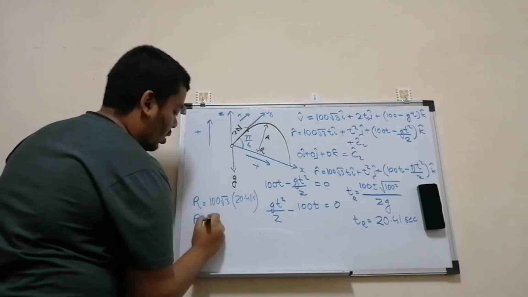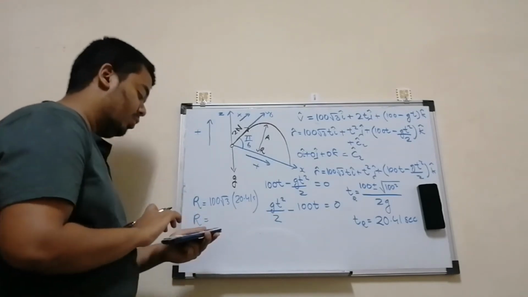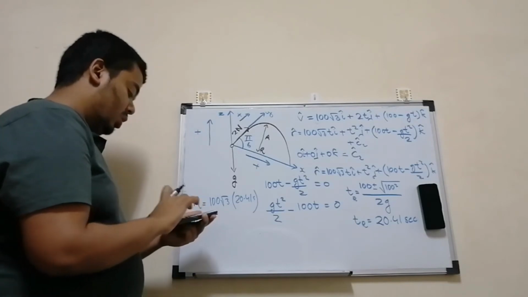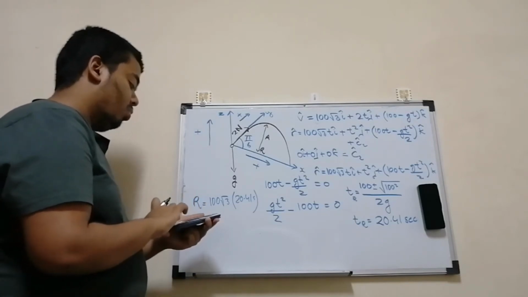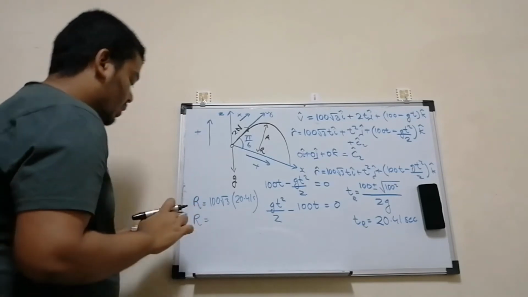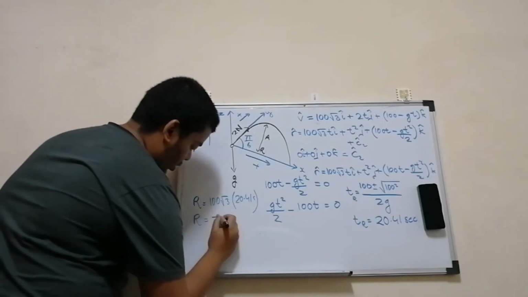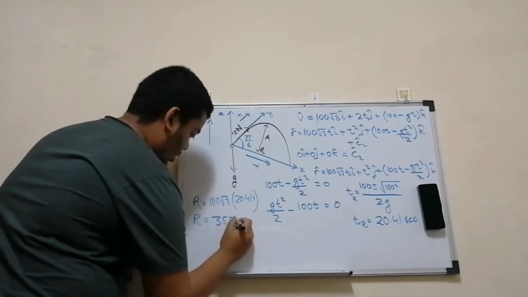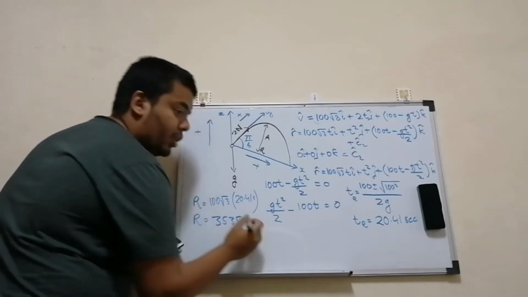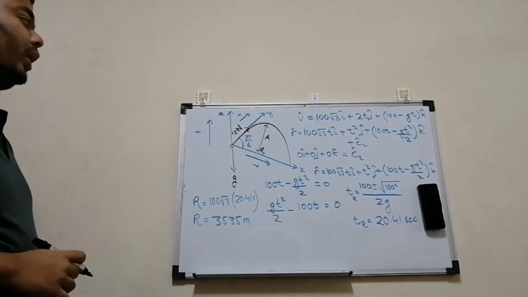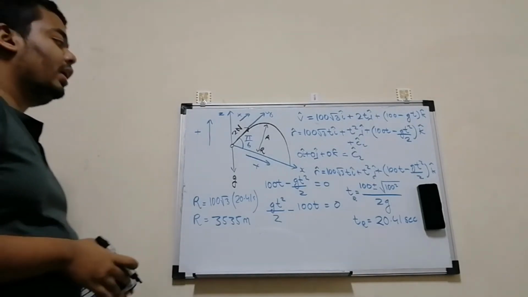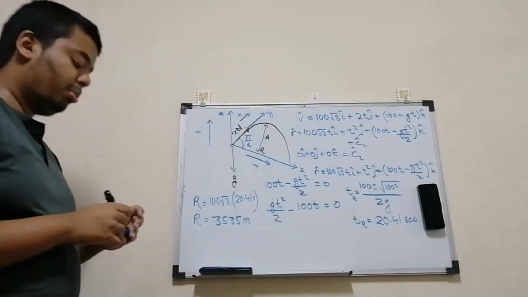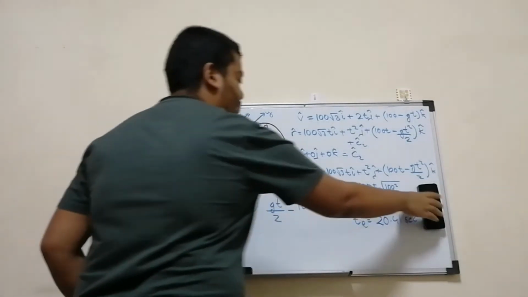Let me just calculate this quickly, 100 into square root of 3 into 20.41. We will be getting the range as 3,535 meters. Perfect. So this is our range. Now let's go ahead and solve for the maximum altitude that can be reached by this particle, okay, guys.